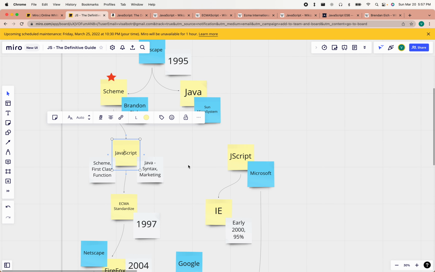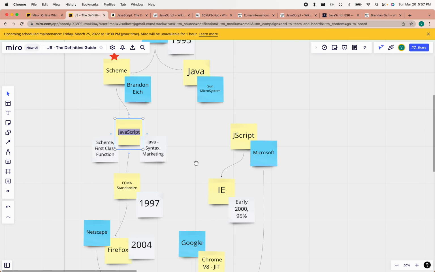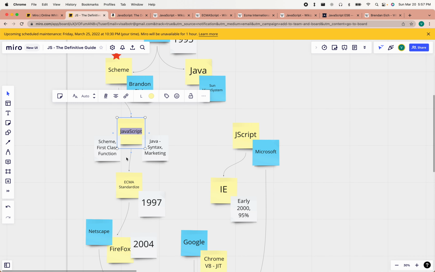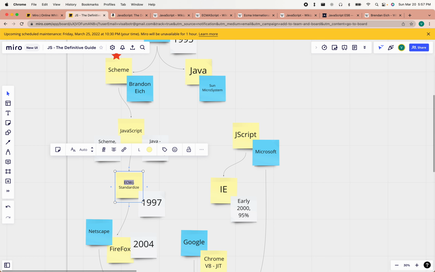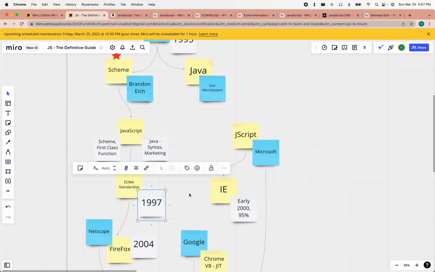So this programming language, JavaScript, has evolved a lot, and the first standard of this language was in 1997. There was a community called ECMA that looked over this programming language and how to implement it.